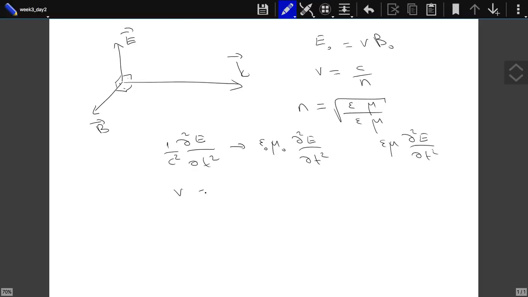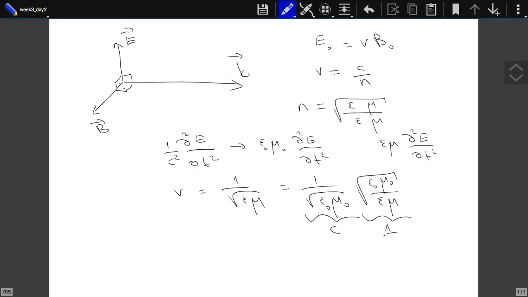So V is basically 1 over the square root of epsilon mu. This is equal to 1 over the square root of epsilon 0 mu 0, times the square root of epsilon 0 mu 0 divided by epsilon mu. This is c. This is 1 over n. So it is epsilon 0 mu 0 down there.